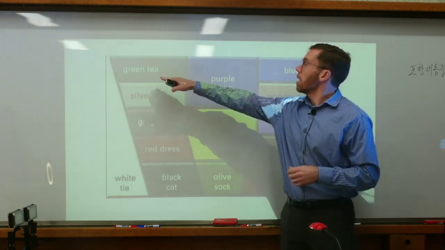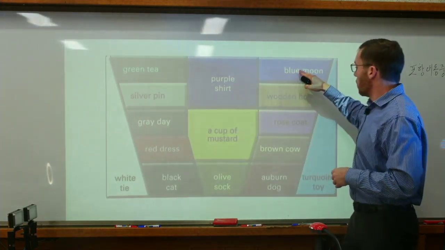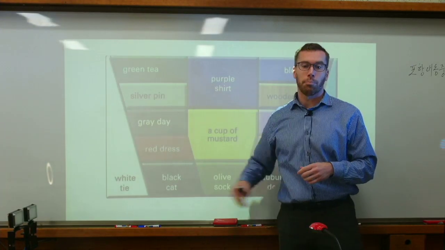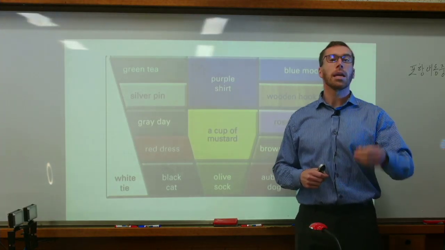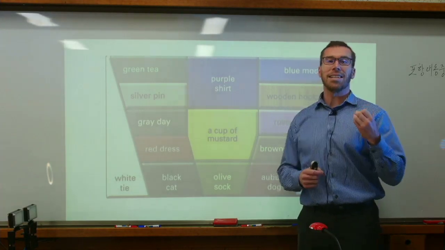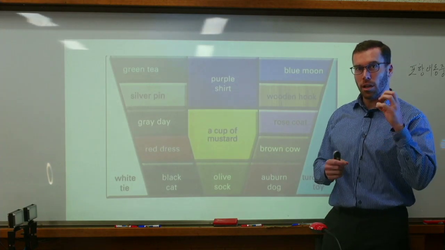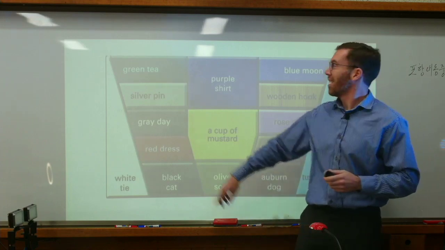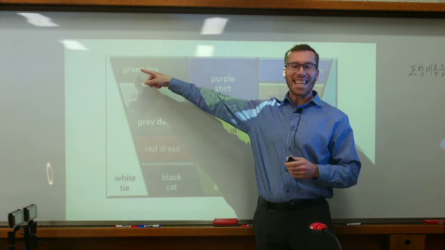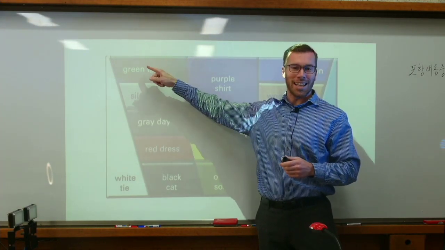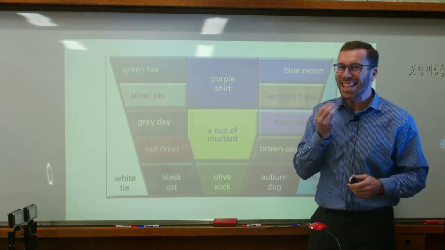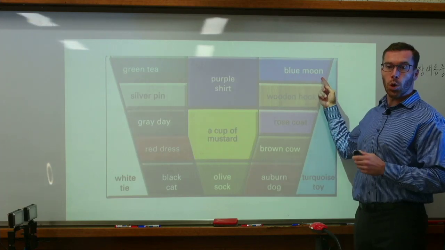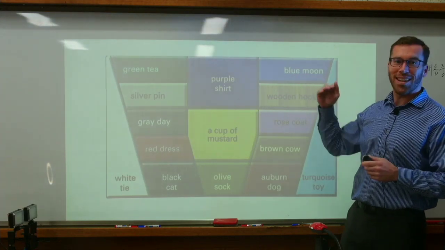We can see the colors green, blue, brown, red, black. Each color has a vowel sound. Up at the top we have E, green, the E sound. Blue, moon, it's the oo sound.